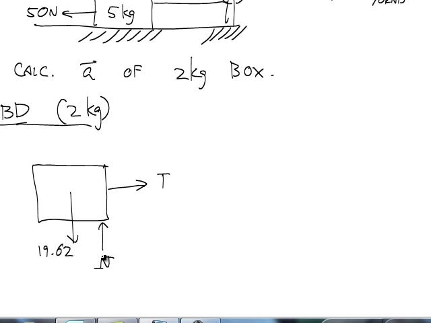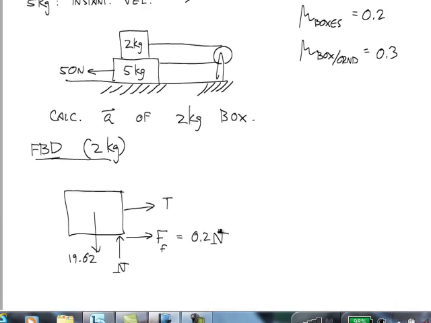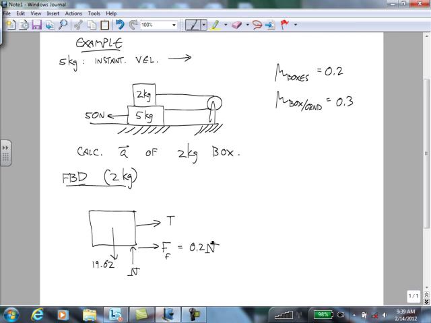So if the 5 kilogram box is sliding to the right, the 2 kilogram box is sliding to the left. So the force of friction has to be to the right. Okay, and that's equal to 0.2 times N. Okay, any other contact? That's it for that one.